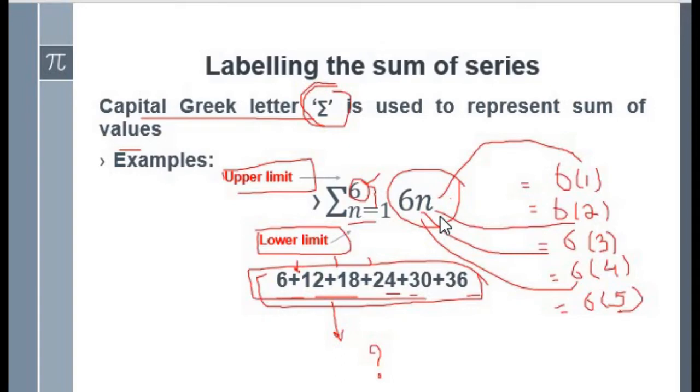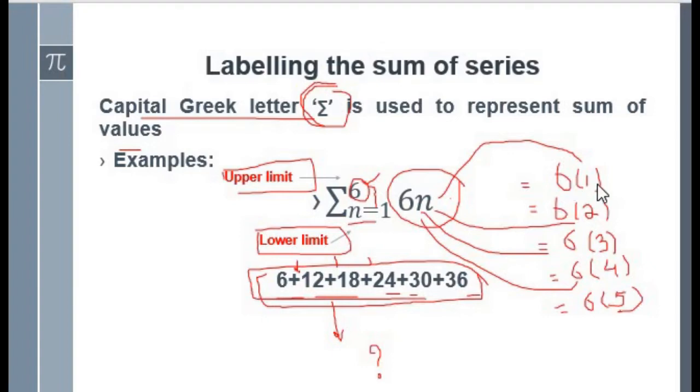In this case, the sum is over all the values of n ranging over the whole numbers from 1 to 6. Note that the lowermost number is the lower limit and the uppermost number is the upper limit. We will plug in all these values in place of n.